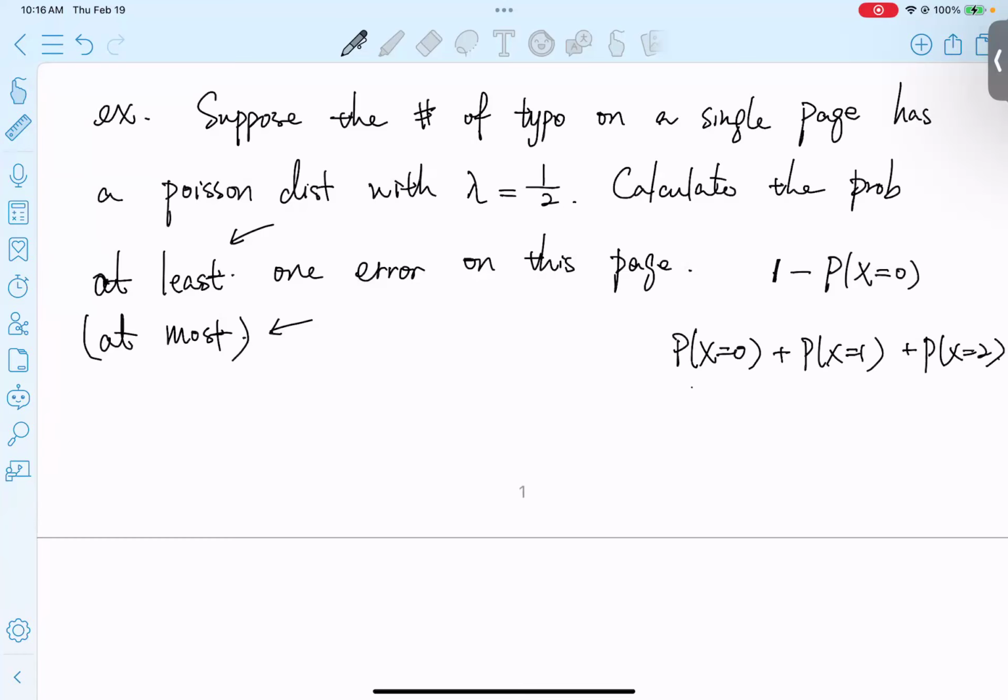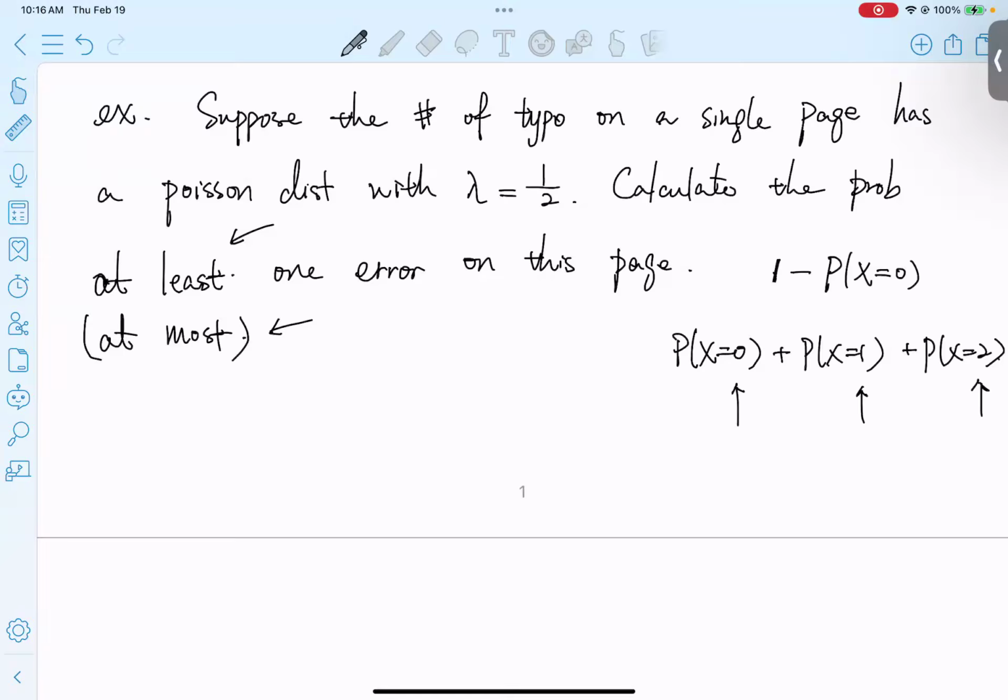You just aggregate these 3 cases, because the number of errors being 3 or more is not included in your interest here. So depending on whether it's at least or at most, you can always think about what counts are included, and then aggregate them.